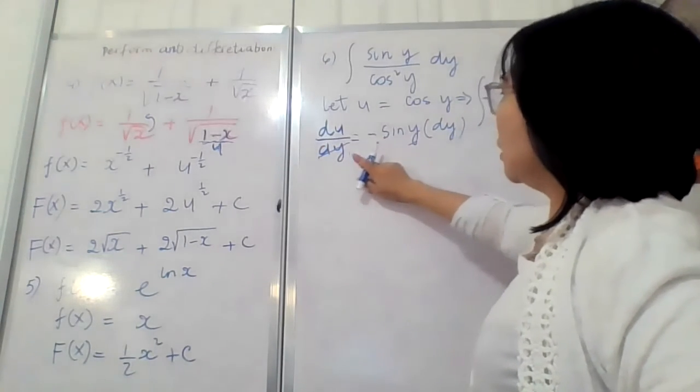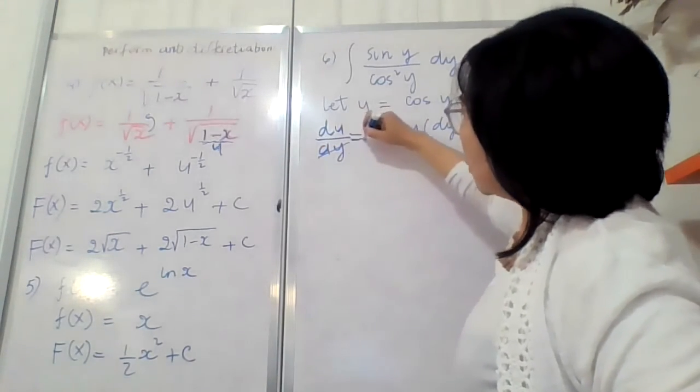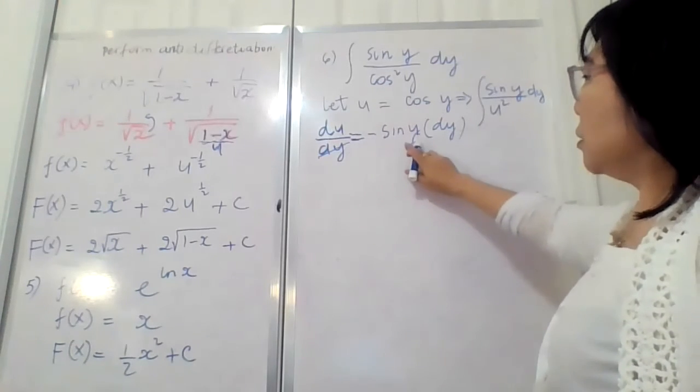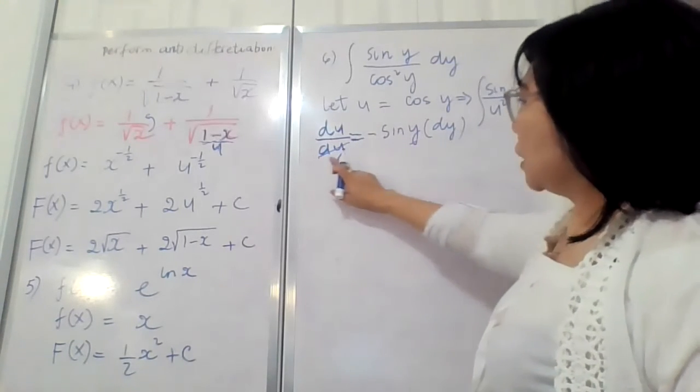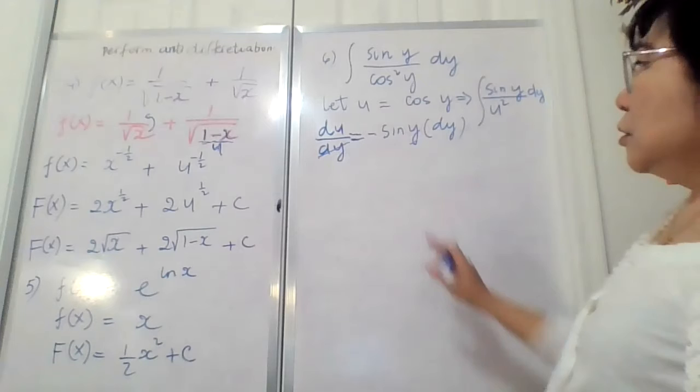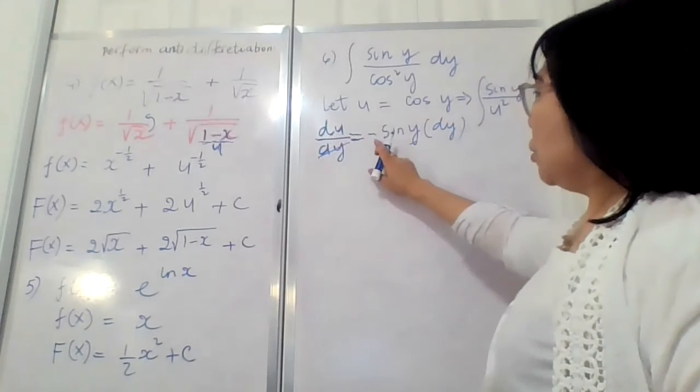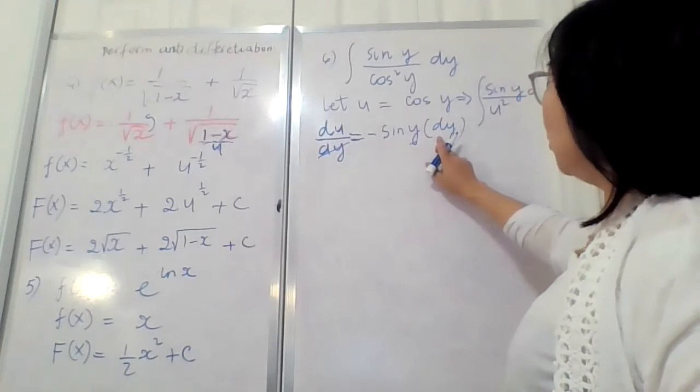When we have an equation with a left side and right side, we do the opposite operation. So now du equals minus sine y times dy.